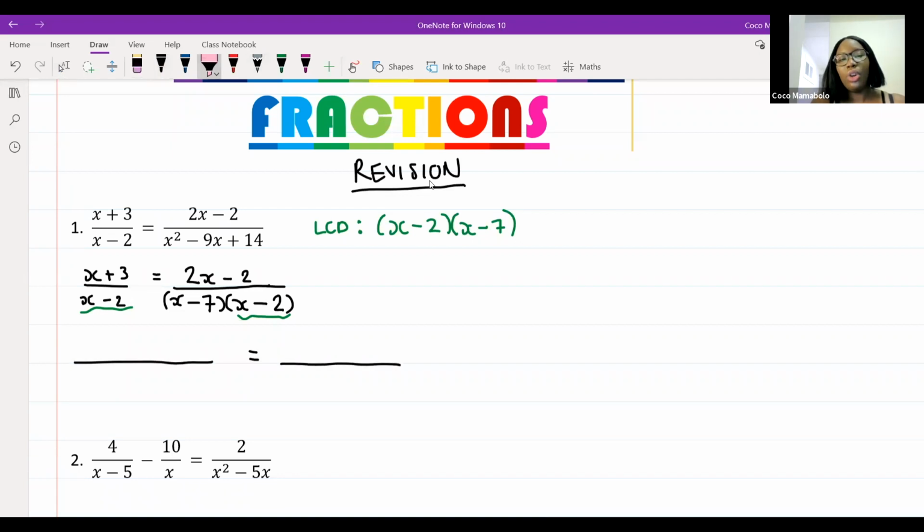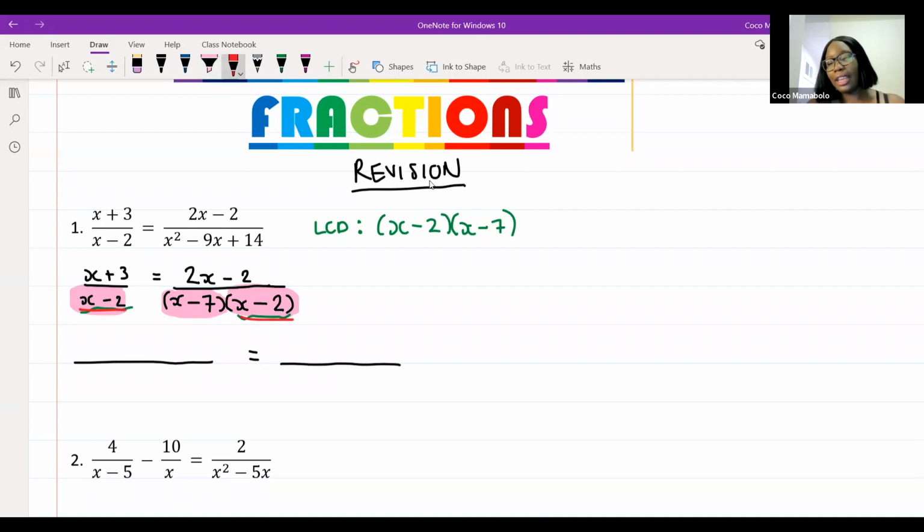Okay, so do you see how x minus 7 makes up part of this part of the denominator? Right? Yes. And then x minus 2 also makes up part of this denominator. So my LCD is actually that whole denominator, and also over here, I have x minus 2. Now that my x minus 2 is repeated, I don't have to write it twice.